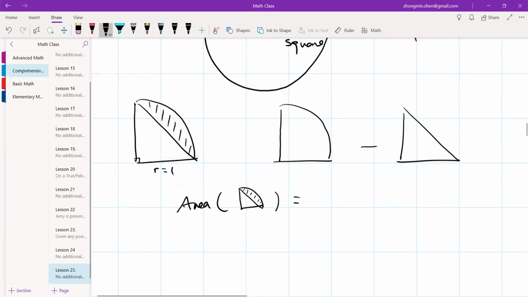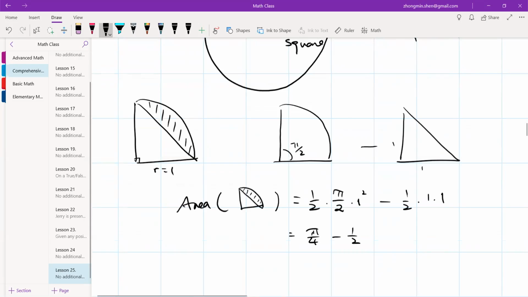Here half of the angle is pi over 2, right? This is pi over 2 times radius squared, minus 1 times 1 divided by 2. So the answer will be pi over 4 minus 1/2.